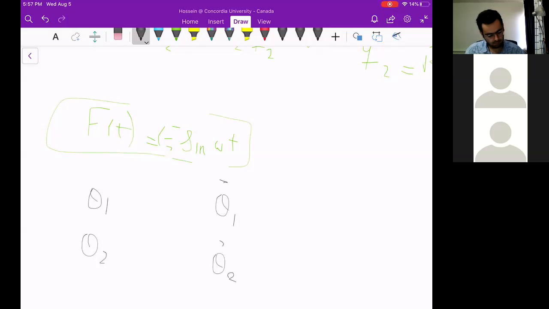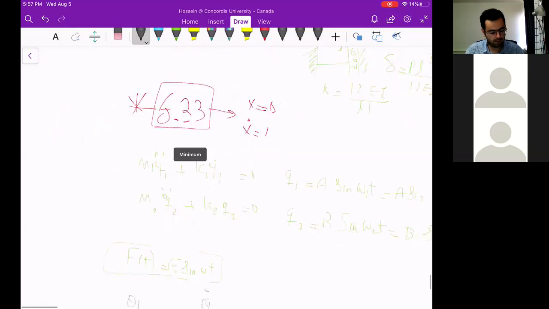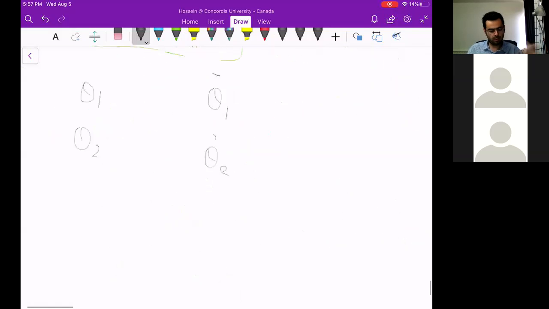But you cannot solve this question in this semester because you have not passed chapter 4. Just imagine rather than impulse, there is an initial condition. You have to go for free vibration. If there is an external force, you have to go for forced vibration. In forced vibration, maybe there is an initial condition. So transient response plus particular response for each coordinate, first and second.